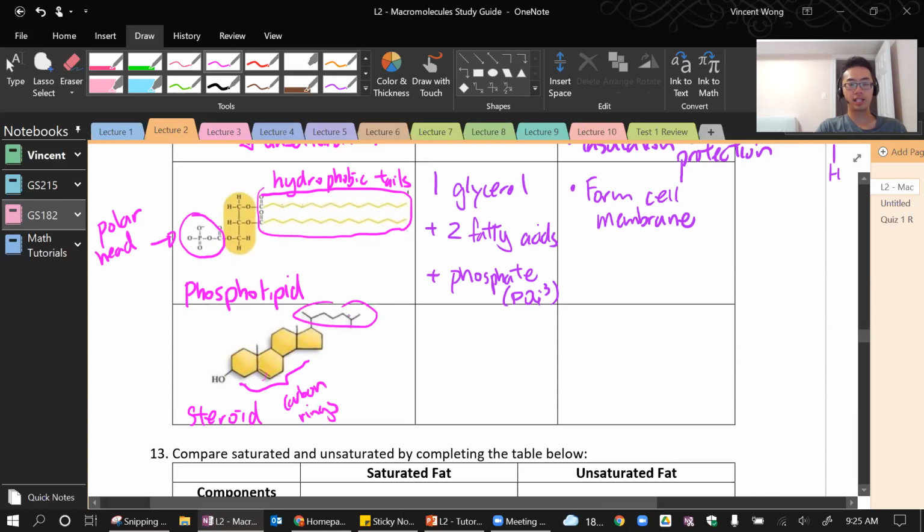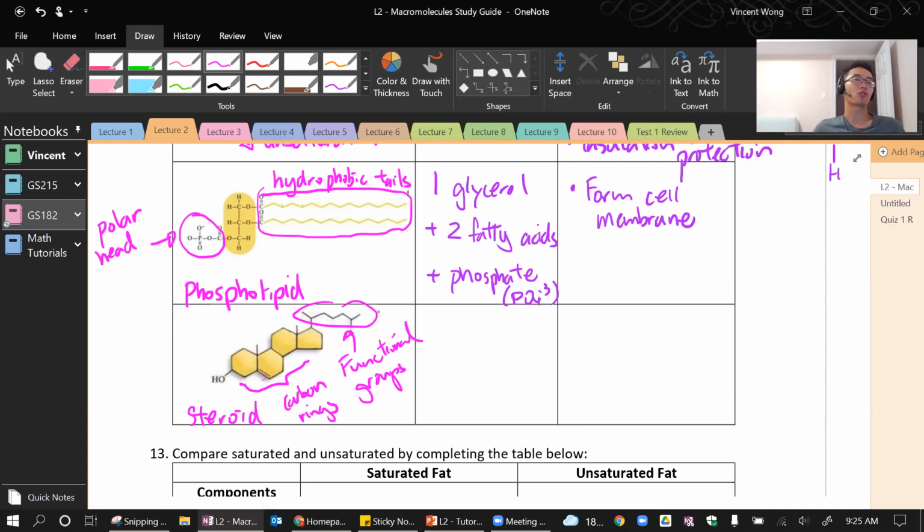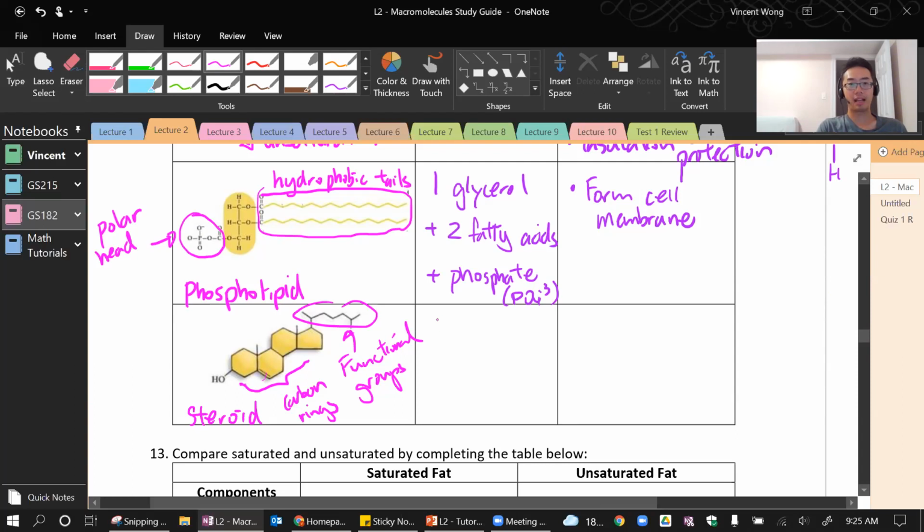And then we have these things that we add on to them. They are called functional groups. Think of the rings as your phone, and the functional groups would be the accessories that you put on them. If you put on different accessories, you're going to have different function. It's going to change how the molecule is going to behave.